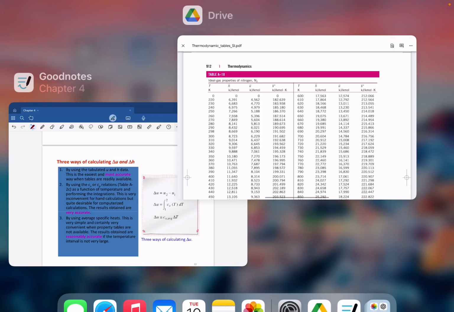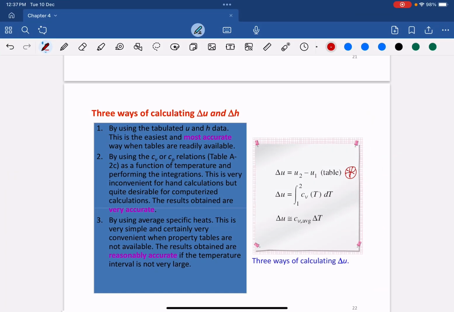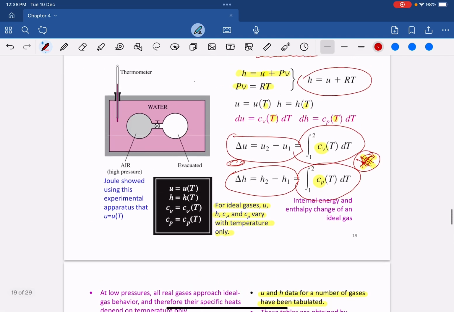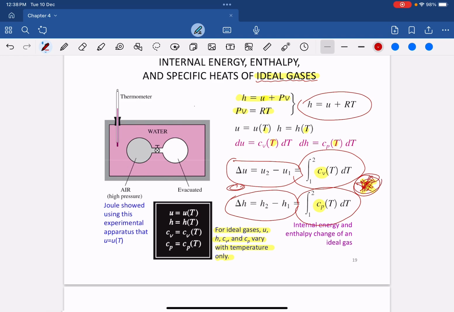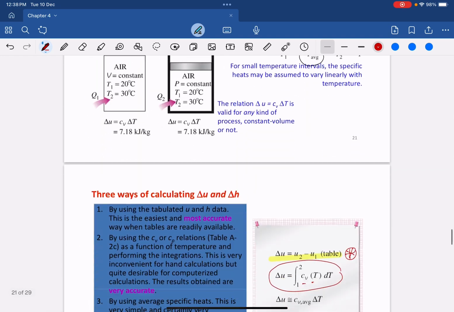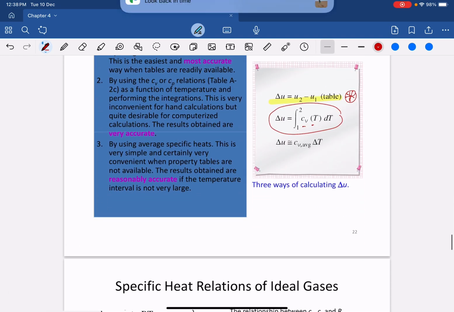Alright, so as I said here, there are three ways of calculating delta U and delta H. The first one is using the table. The second one is by using integration from this equation. You need some relation between CV and T, but we don't really use this in your syllabus.